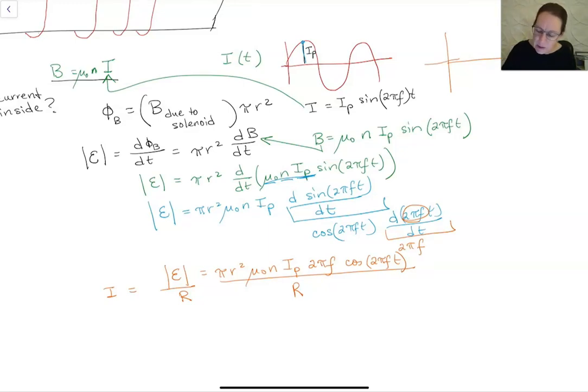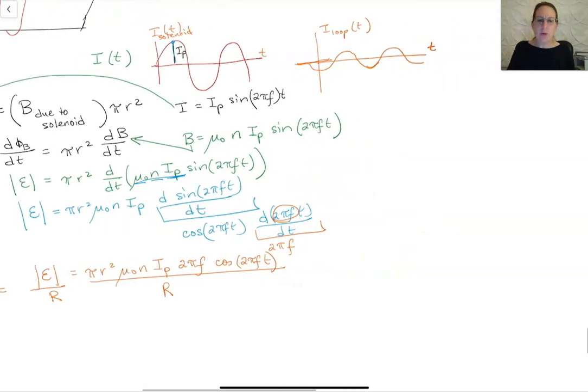So this is a sine wave, this is the current on the solenoid, and then on the loop we probably have a smaller current, and it would be like that. It would be in an opposite direction to oppose the change here. So this would be the current in the loop as a function of time. Same frequency, just a smaller amplitude there.